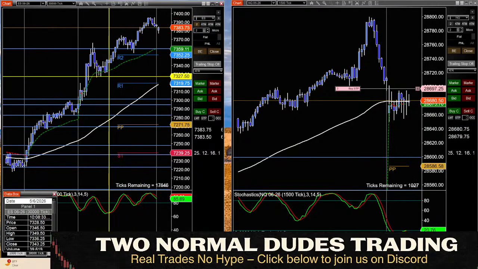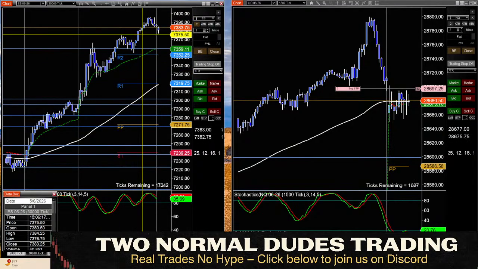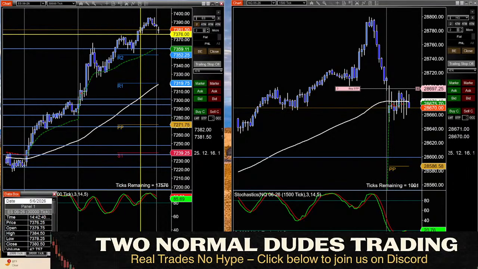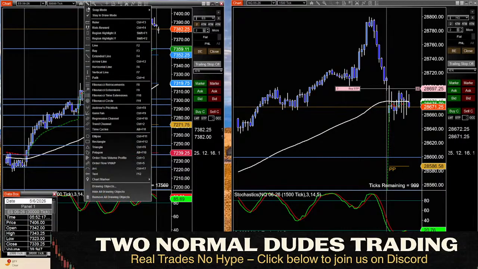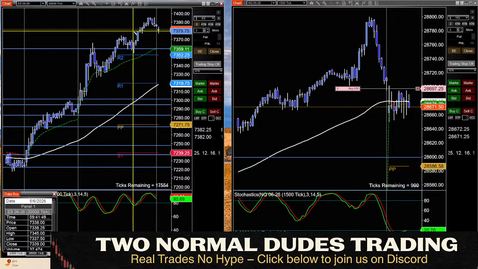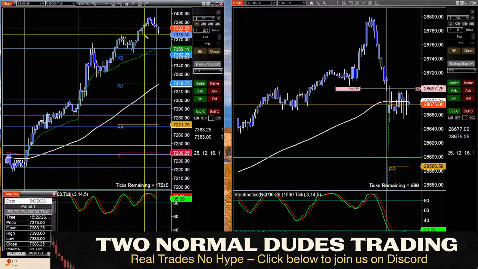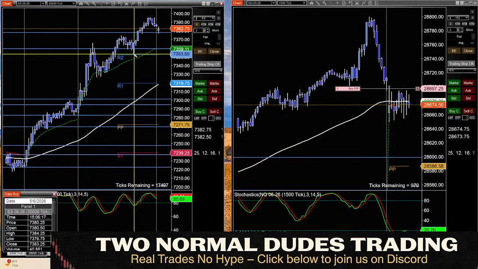Look at the level set this afternoon on the big tick chart. You got a clear cut level sitting right around here. So look at that, Doji.